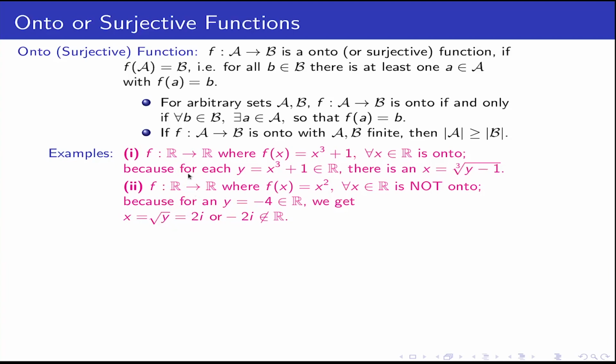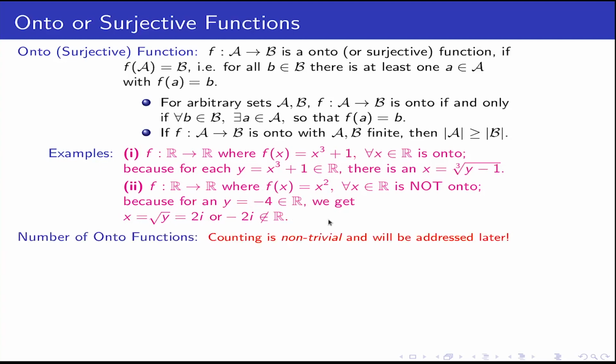Provided that if we allow the set of reals as well as complex numbers, then that particular element will be present. But in our case, since we only allow real numbers, it is not a member of this. So we say that this function is not onto, because I have an element whose pre-image is not present.